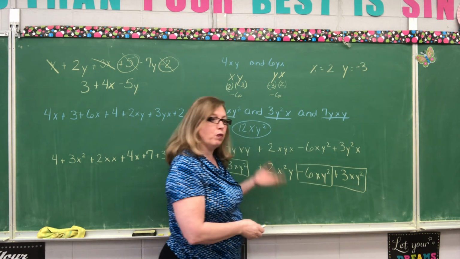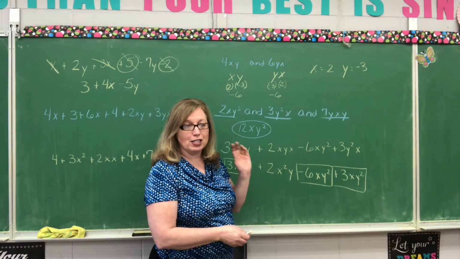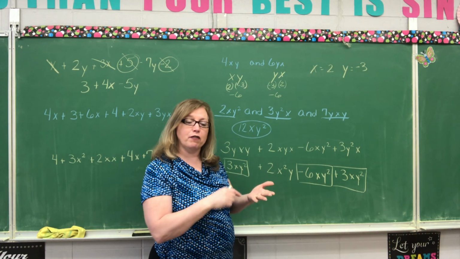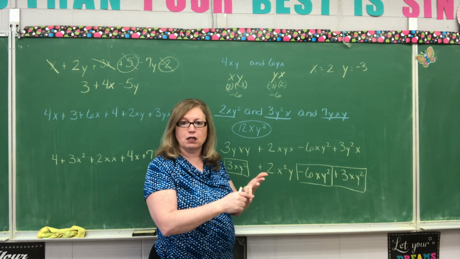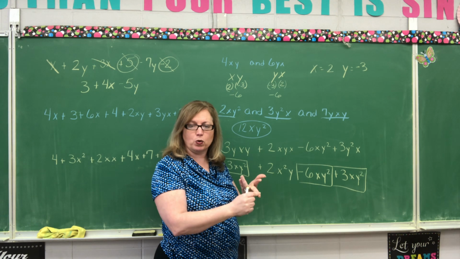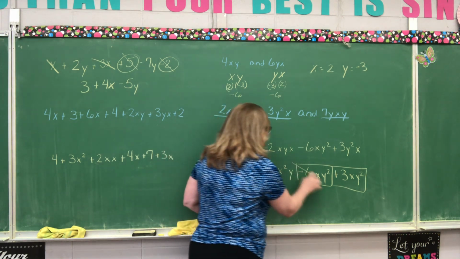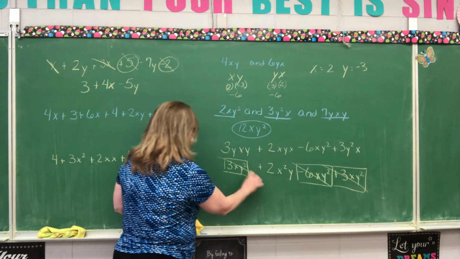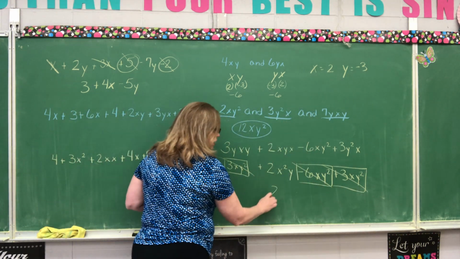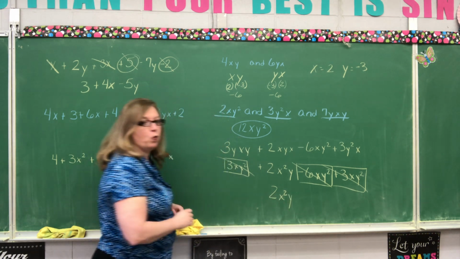Since we have 0xy squared, that would be a 0, because if I multiply 0 times x, that answer is going to be 0. And then that 0 times y squared, it's still 0. Okay, because 0 makes everything a 0. All of this then goes away. It's canceled out. All I have left in this problem is 2x squared y.